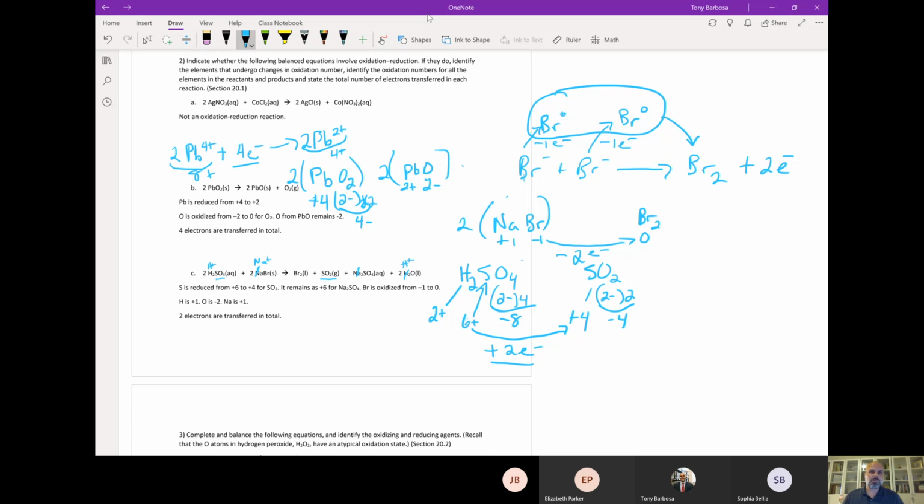If we look at the oxygen atoms, I'll draw them up above, right? Let me change the color of my pen for a second. Initially we have 2 oxygens times 2 that are in the 2- state. Afterwards, I probably shouldn't have done that, we still have 2 oxygens in the product that are in the 2- state.